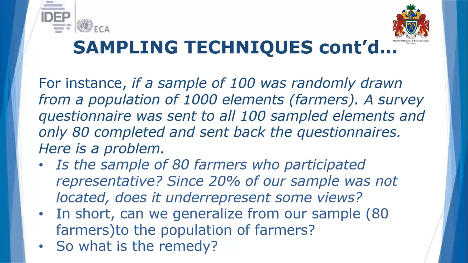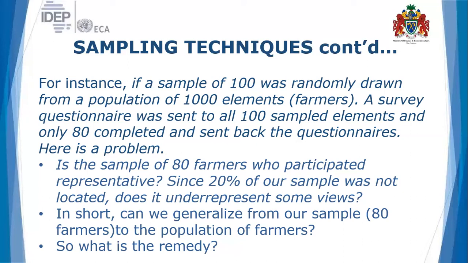Here's a problem. Is the sample of 80 farmers, in this case, who participated, representative? Now, do they represent the population? Since 20% of the sample was not located, does it underrepresent some views?